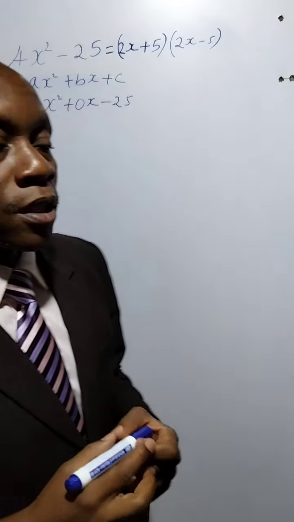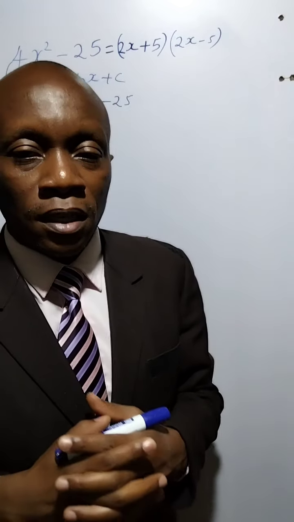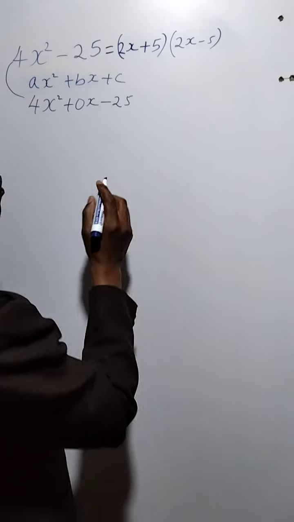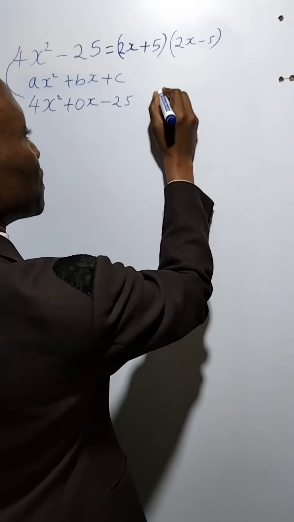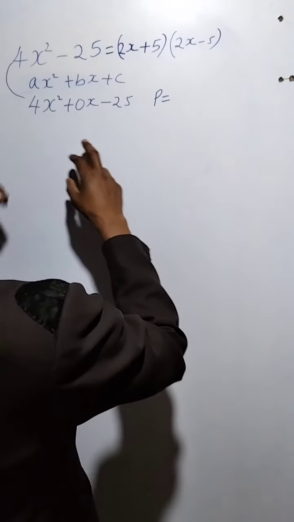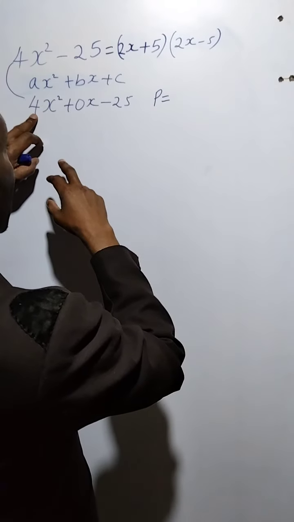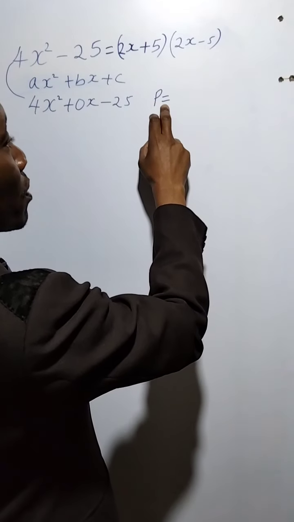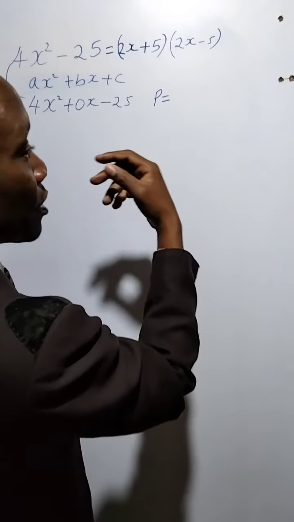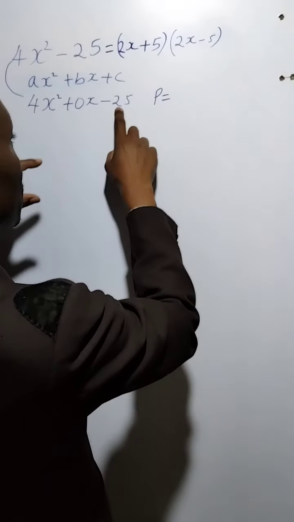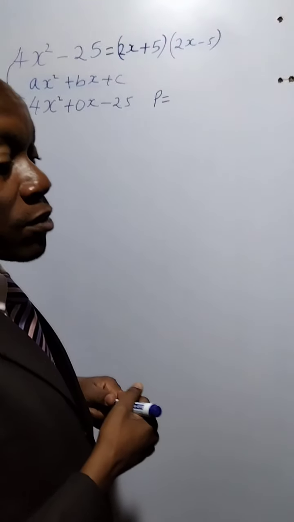Now, if we are factorizing a quadratic expression, the rule is that you look for two numbers whose product is the answer you get when you multiply the coefficient of the quadratic term and the constant term. So we are looking for two numbers whose product is the answer you get when you multiply 4 and negative 25. 4 times negative 25 gives us negative 100.